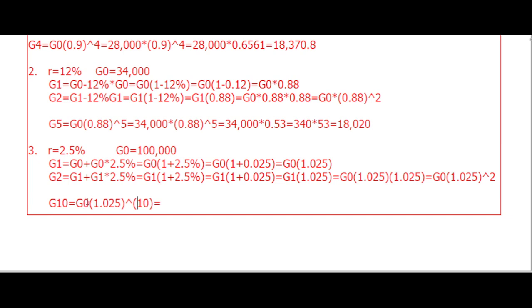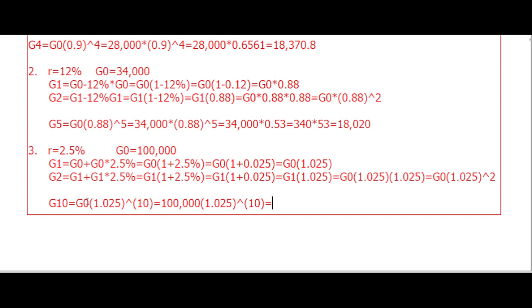Now let's substitute 100,000 in place of G naught: 100,000 times 1.025 to the power of 10.